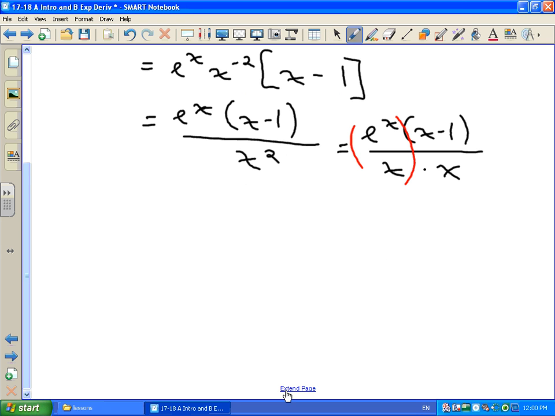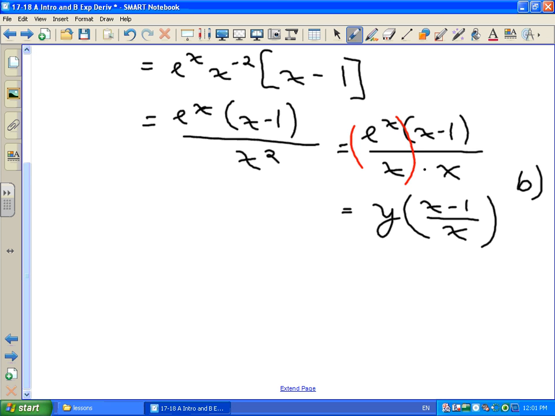So we could write this as y times x minus 1 over x. Okay? And this would be our answer to part B. But part C is what we're really interested in here. We want to find absolute maximum and minimum. Okay? So if we're going to find absolute maximum and minimum, what are we going to do first? Or what are the steps that we're going to follow here?